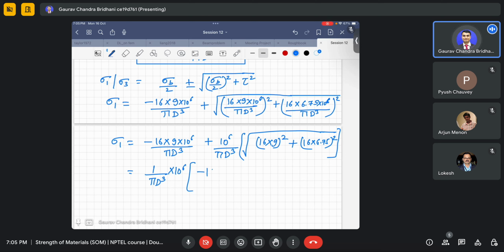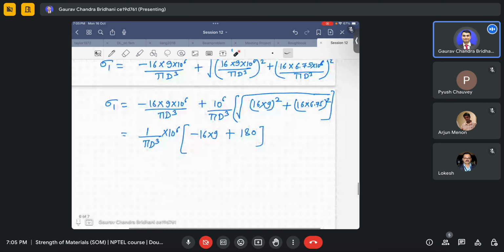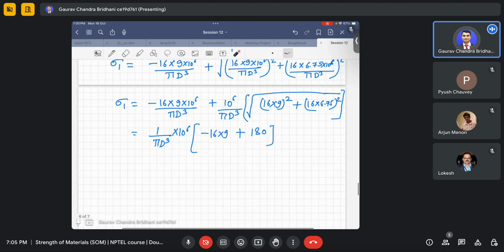Here I have minus 16 into 9 plus the square root of that value, which is 180. Then minus 16 into 9 is 144, and 180 minus 144 is 36. So 36 into 10 to the power 6 by pi d cube. So that we got sigma 1.